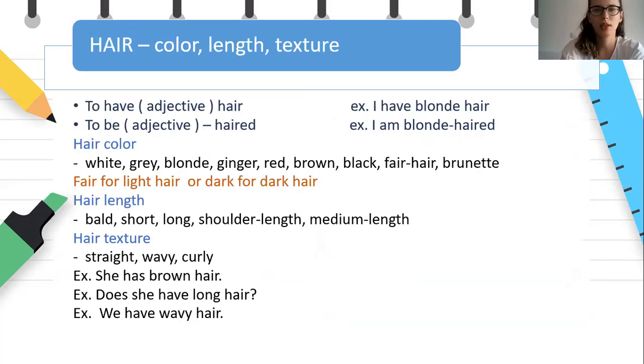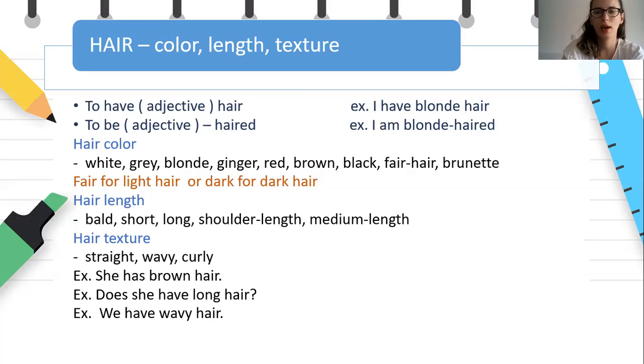Now, let's move on to hair. There are two ways to describe the color of your hair. To have adjective hair. For an example, I have blonde hair. Or to be adjective haired. For an example, I'm blonde haired.